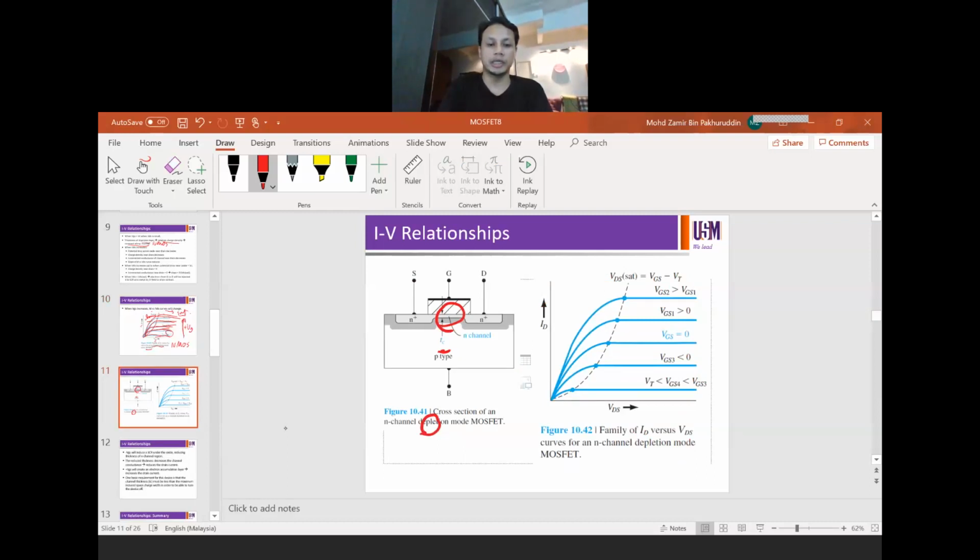For depletion mode, because the channel is already there, you need to understand how the transistor is turned on and off before you can understand this curve. This is the VT relationship, and it's slightly different. VGS is 0 here, VGS less than 0 is negative voltage, and this is where the VG gets positive.